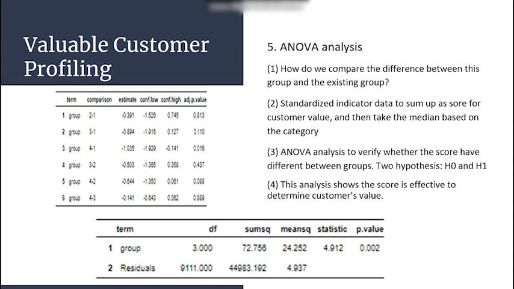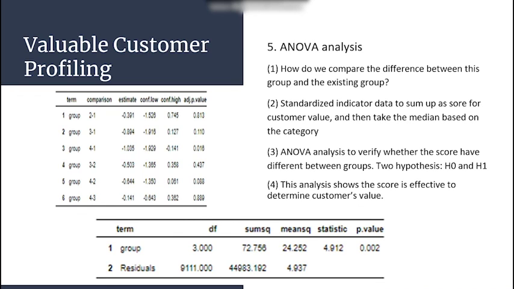To solve this problem, we use the standardized indicator data to sum up as a score for customer value, and then took the median based on the category. From the result, we can see that the scores of different categories have a strong order. So we use ANOVA analysis to verify whether the scores differ between groups.